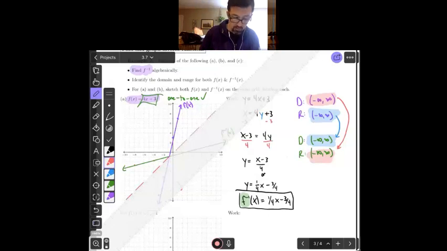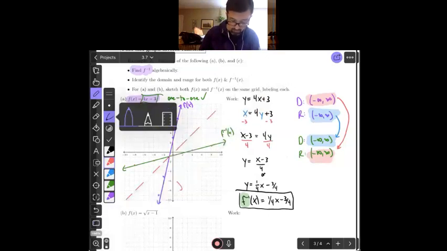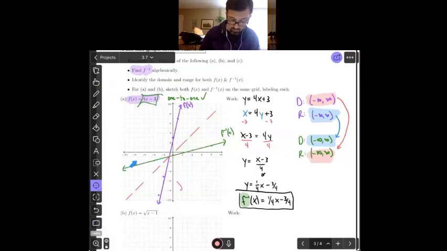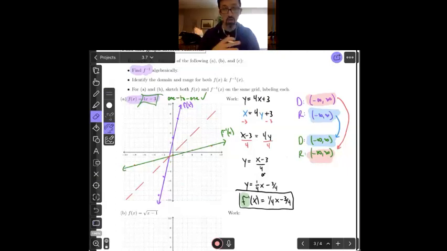So then you can see that this portion of the green graph reflects to this portion of the purple. And this portion of the purple graph reflects to this portion of the green graph. Notice how they all meet right there at one point. So yeah, we can see they actually are reflections of each other.